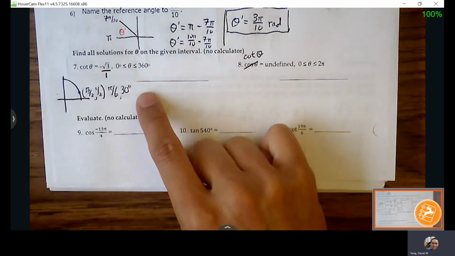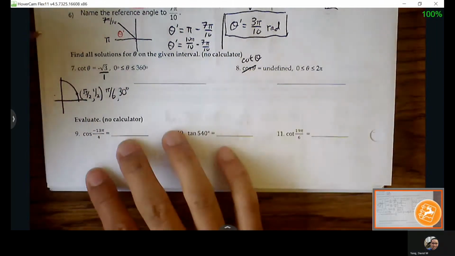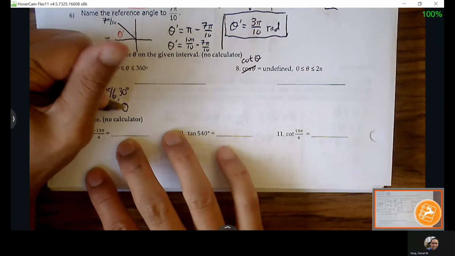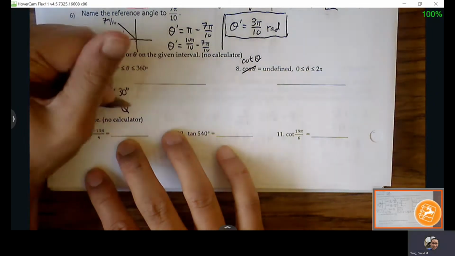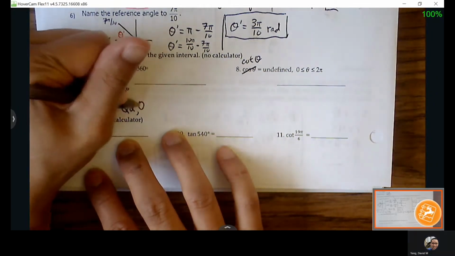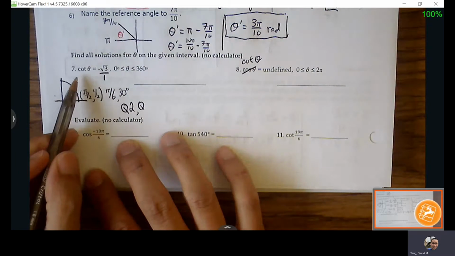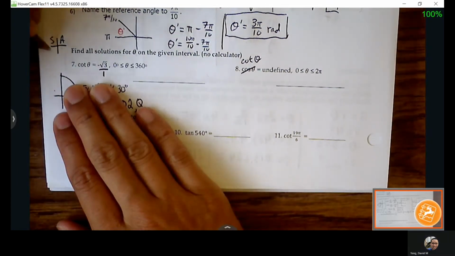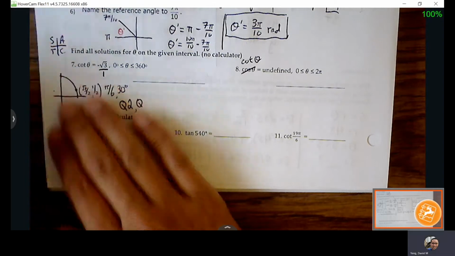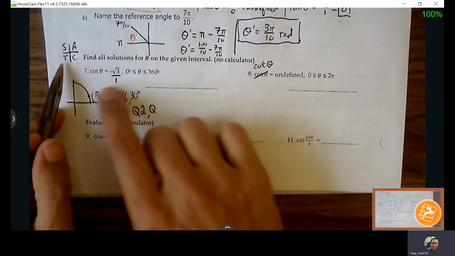So where is cotangent going to be negative? Quadrant what? 2 and? Well, cotangent is the same thing as tangent in terms of their signs, right? So in the third quadrant, cotangent will be positive.